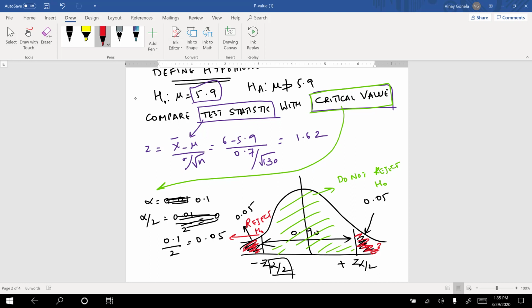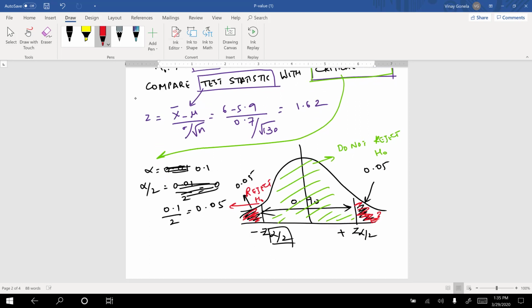So that is how you will be looking at in hypothesis testing, and then you go and look for z alpha over 2, and then you look at those values and try to compare where does this z lie in a hypothesis testing. Because we are now doing p values, you don't have to calculate this z alpha over 2, negative z alpha over 2 and positive z alpha over 2.